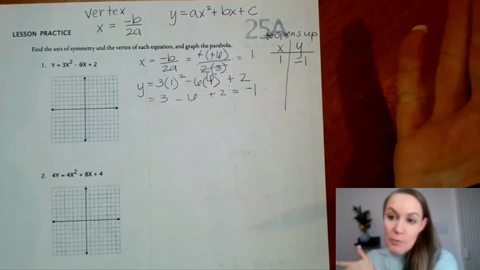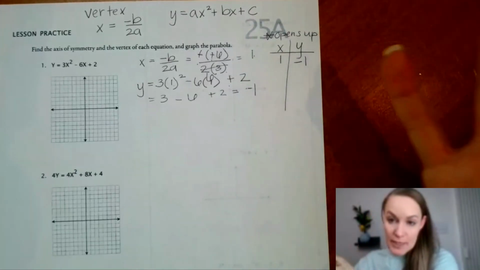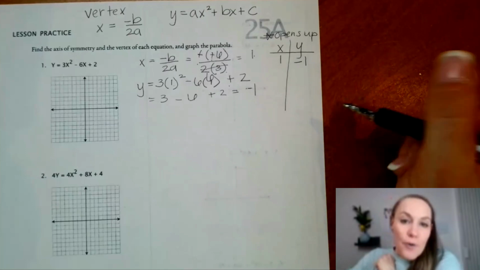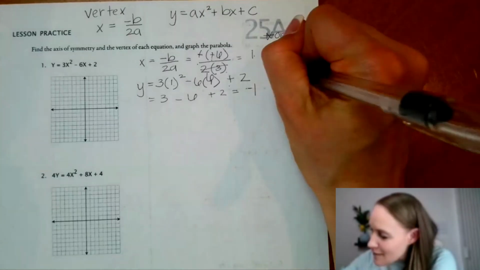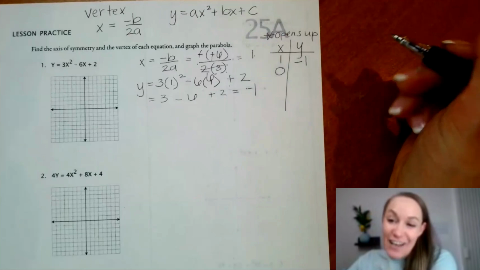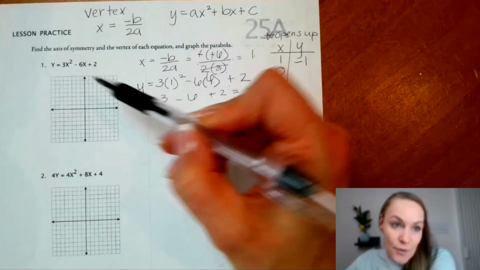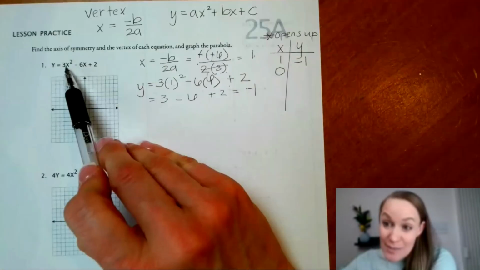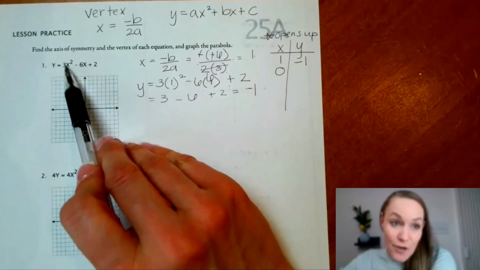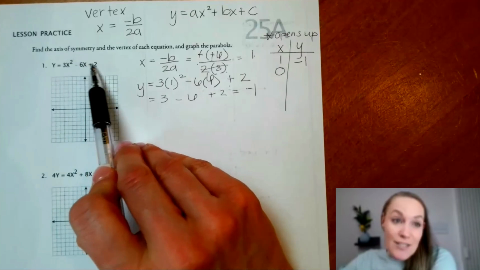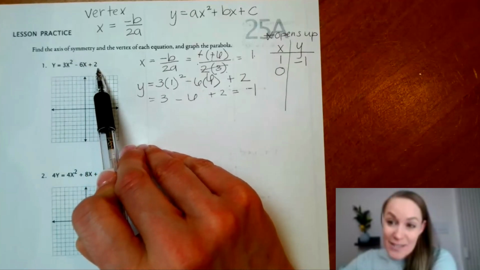This will help me remember that when I sketch the graph, if everything is making sense or not. Okay, I always like to plug in 0 for x just because it's a very easy value. So if I plug in 0 to x, I can just do this in my mind because I know this is going to be 0, this is going to be 0, and so all I'm left with is +2.